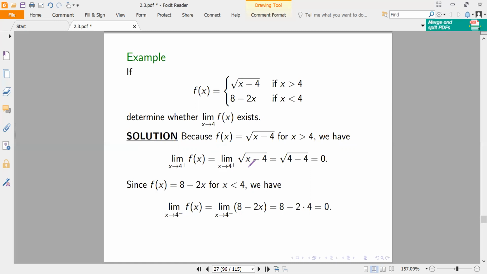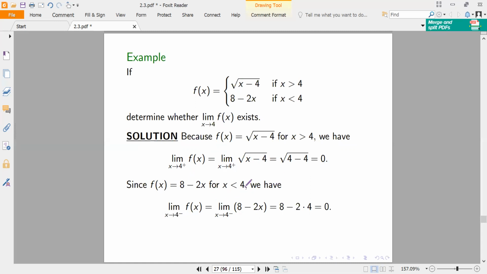I think that was rule 8 or something like that. So we can take the limit inside the function and we have a straight line, which is a polynomial, so we can use direct substitution. So coming from the right, we get our limit to be 0.